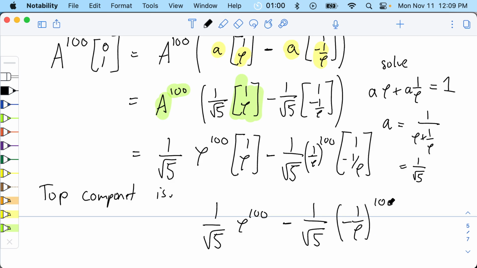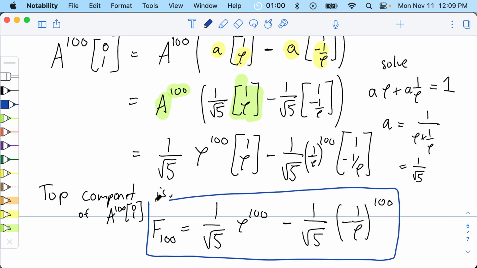So the top component of this matrix multiplication a bunch of times is this crazy formula. And that is equal to the top component of A to the 100 times (0, 1). On the other hand, what is the top component of A to the 100 times (0, 1)? It's exactly the nth Fibonacci number. So this is F100, the 100th Fibonacci number. And through the magic of linear algebra, I just found a formula for it.